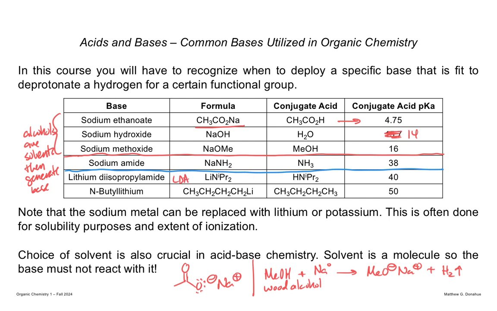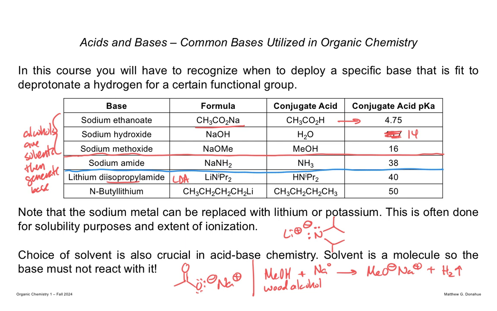And we'll talk about nomenclature later today. What is isopropyl? It's basically 3 carbons. So that looks like Li plus. So nitrogen now has 2 lone pairs, it's minus. And then isopropyl is 3 carbons.